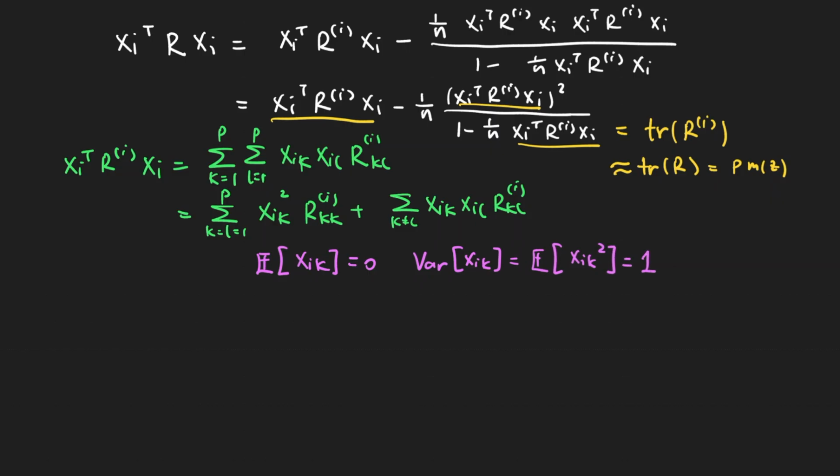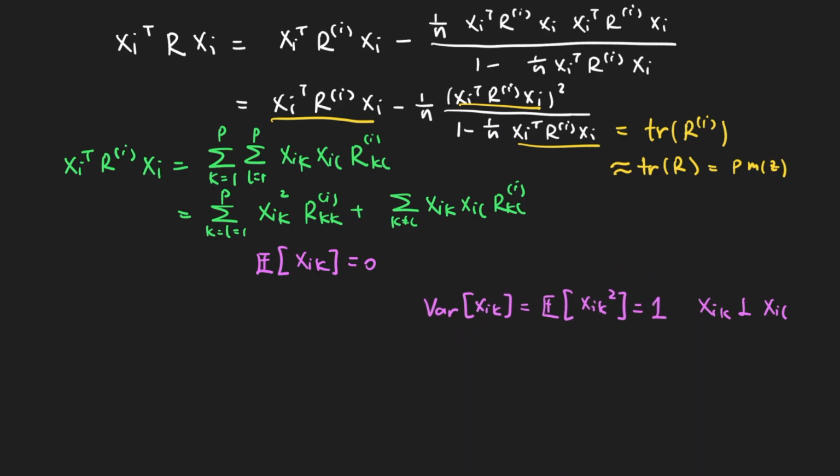And then we have independence, right? xik is independent of xil. So we want to use this property here. Notice that we have two sums over many independent random variables. These are nice because as p goes to infinity, the randomness gets averaged out. So these are just approximately their expectations.